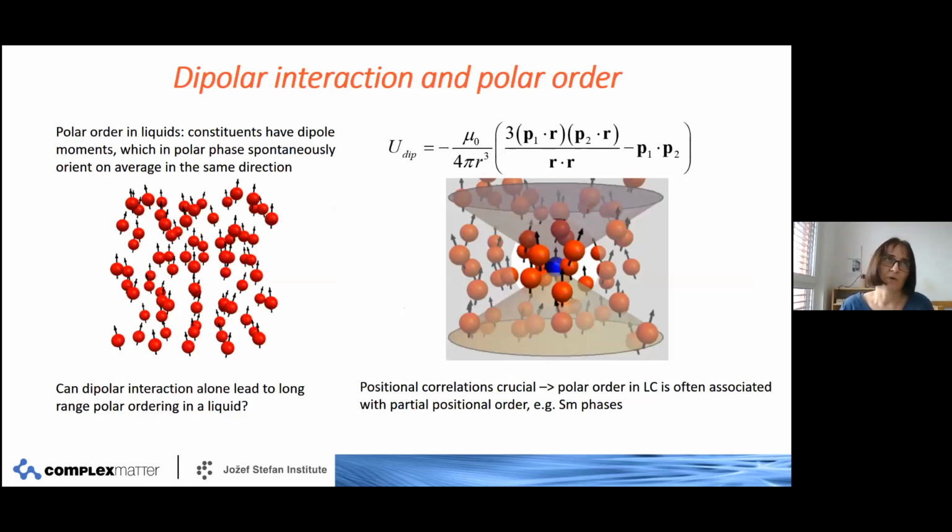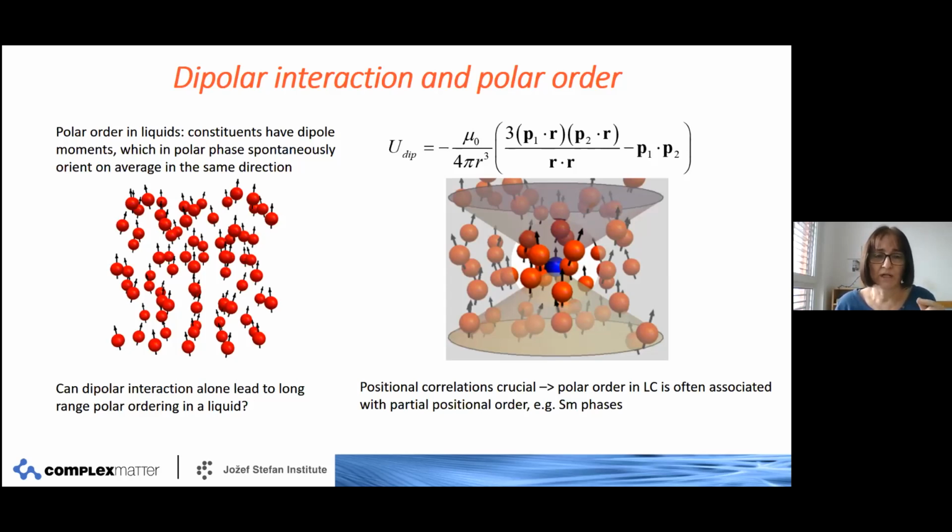Before going to polar nematic phases, let's first forget about the shape, but just discuss the dipolar interaction and how the dipolar interaction can lead to polar order in liquids. Here, I'm talking about liquids which are made of constituents, which can be either colloidal particles or molecules that have dipole moments and which in the polar phase spontaneously orient on average in the same direction.